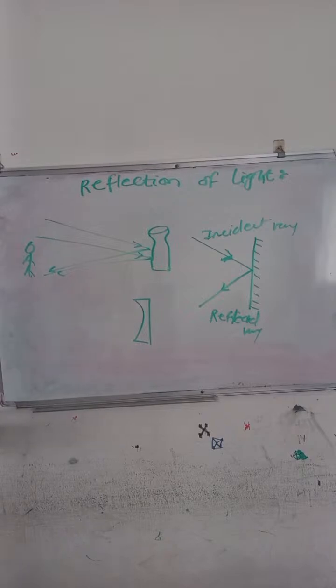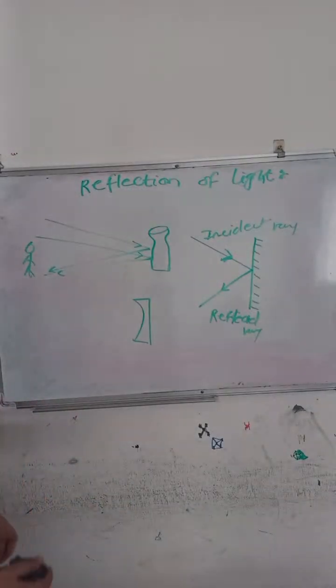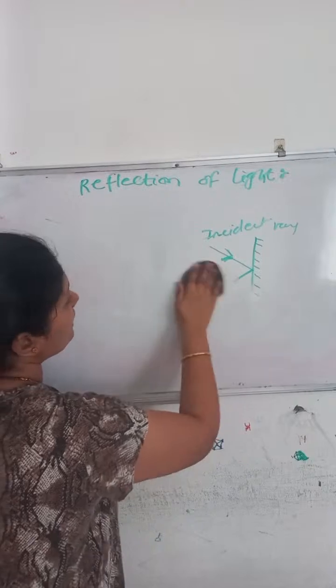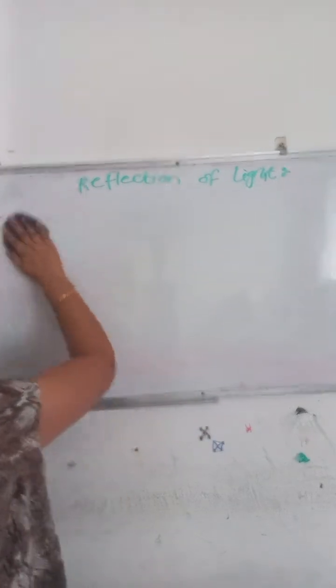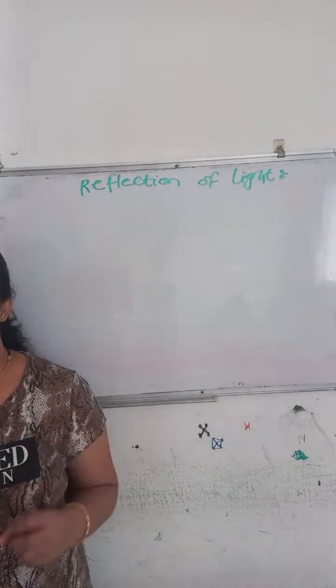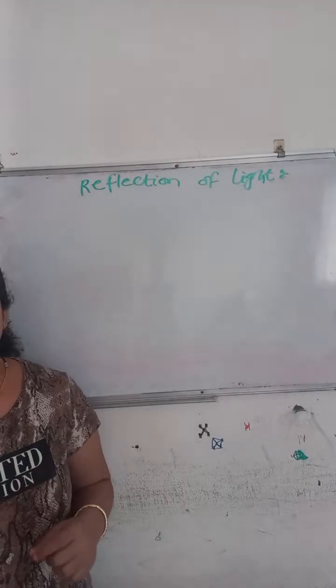Understood? This light chapter is there up to 12th standard for those taking science. Even in 10th we have a light chapter. So try to understand what the image is, what the object is, object distances, concave mirror, convex mirror.